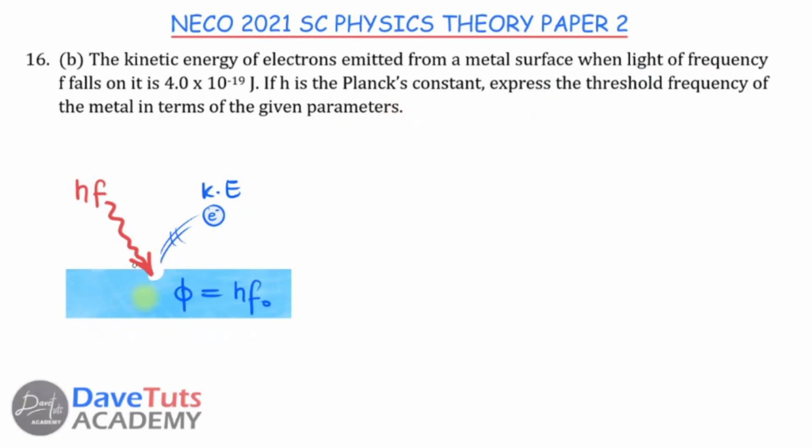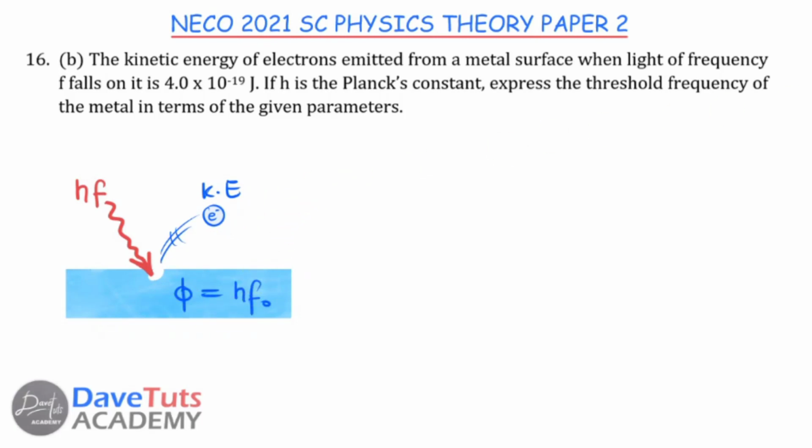This pictorial view helps us to explain it, that there is light of frequency f, and of course the amount of energy coming from the light is hf. When it is incident on this metal, there is a kinetic energy with which an electron will be emitted, and of course the metal itself inherently has a work function.